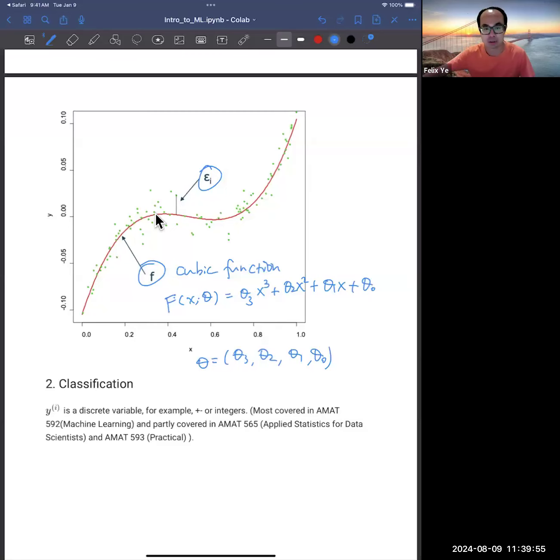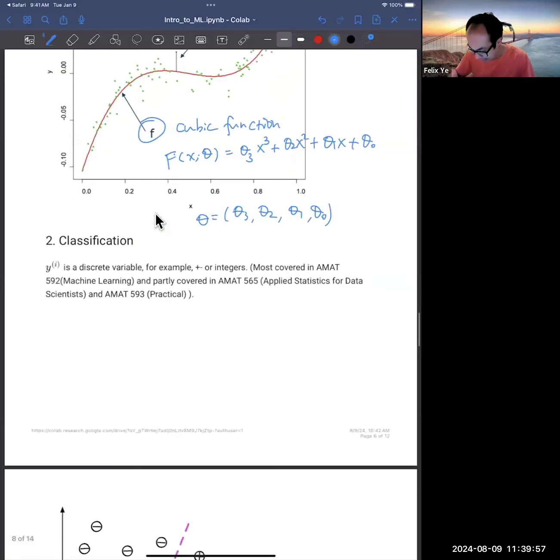Okay, so that's good. And classification. If yi, which is my target, is a discrete variable, for example, a 1 and a 0. This is mostly covered in this course. We're going to spend a significant amount of course time on classification.